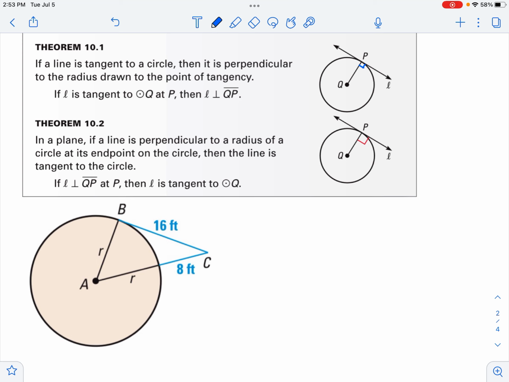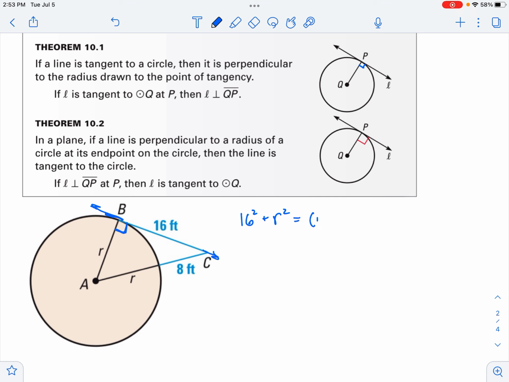So let's suppose that we've got a tangent. Let's suppose that this line here goes on forever, and that this line BC is tangent to this circle. Well, we want to find out what the radius of the circle is. We know this is 90 degrees here. Using the Pythagorean theorem, we have 16 squared plus r squared equals the hypotenuse squared.